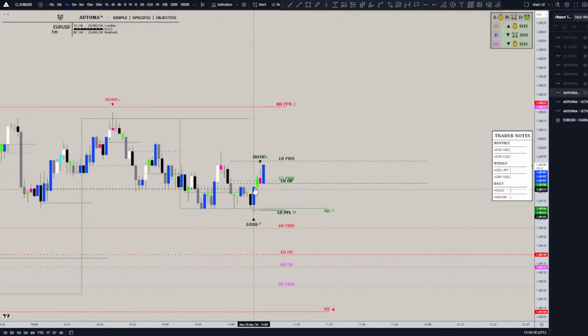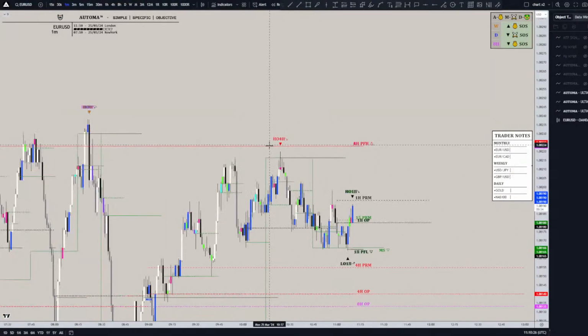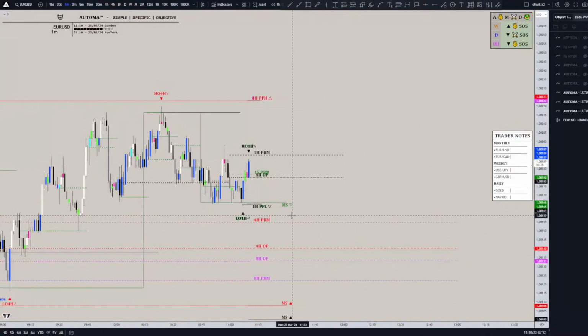This is definitely a nice push up. So now what's the target? Pretty much take this high out. What is this hourly candle's job now? Take the previous one.